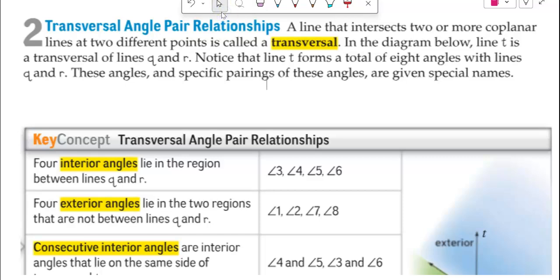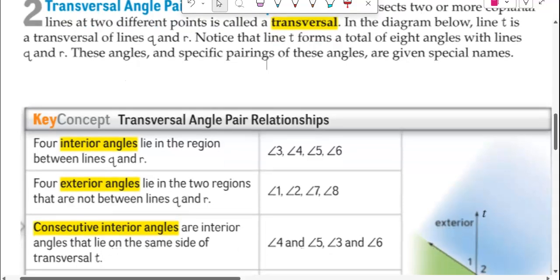Which is exactly what the book definition says right there for you. Just listen and write it down. It intersects two or more lines that are in the same plane. So if these lines are parallel, and there's a line going through them, that'd be the transversal.